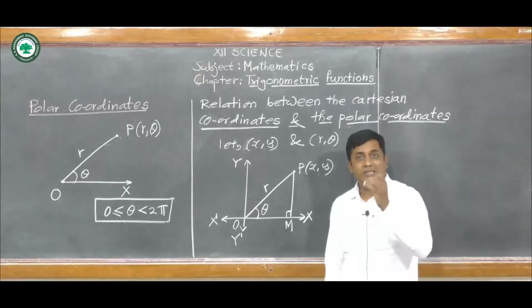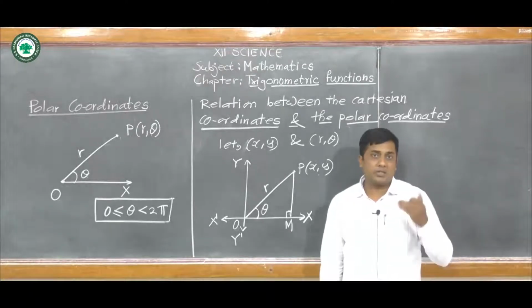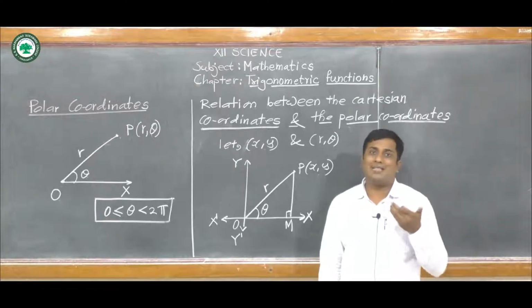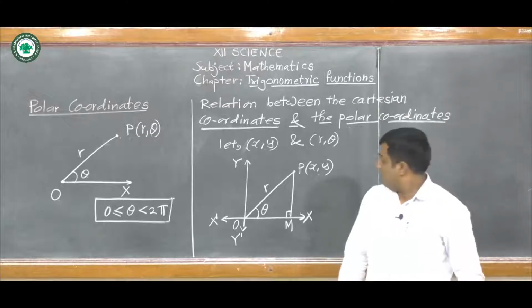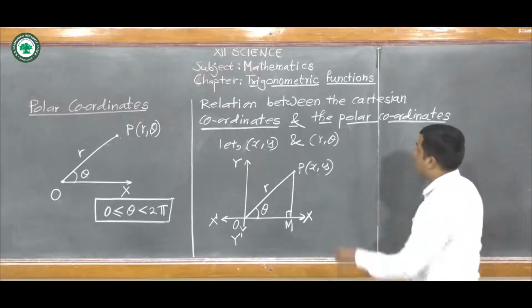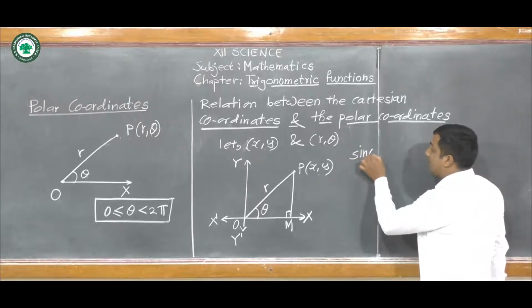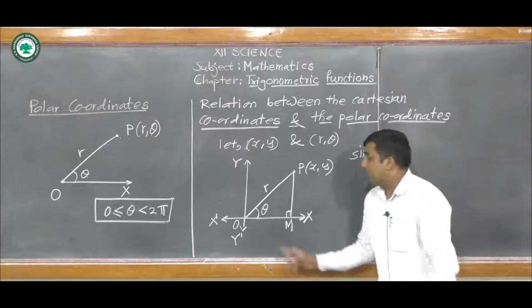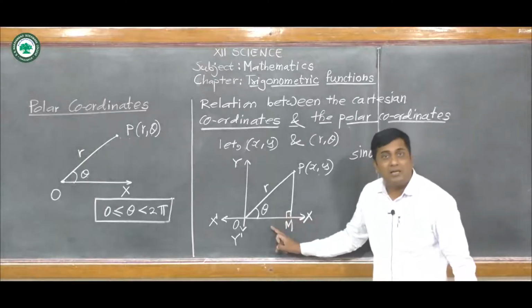Now everyone knows the trigonometric functions. We know how to define sine theta and cos theta. So we go with our definitions of the trigonometric functions. Everyone remember, this is a right angle triangle.